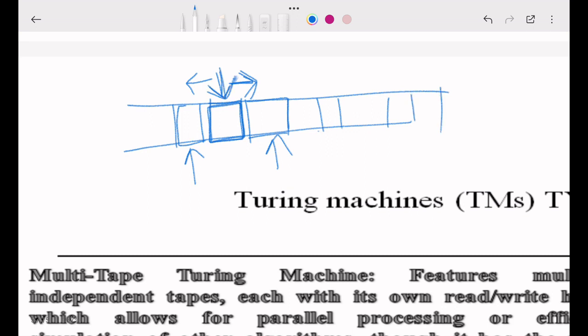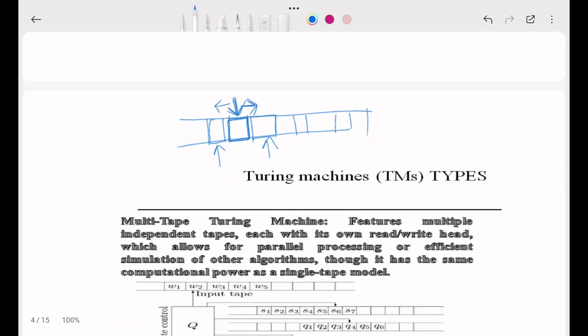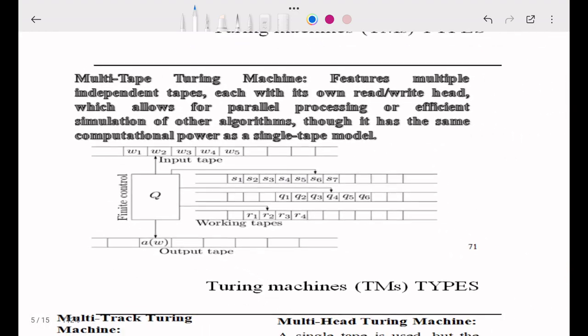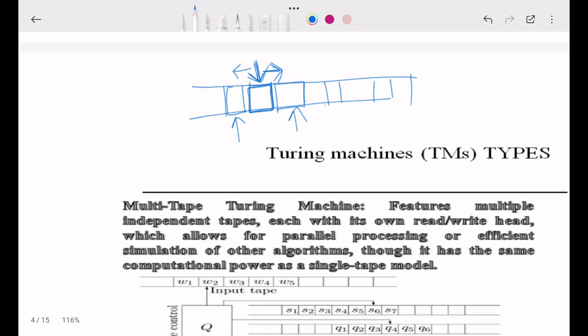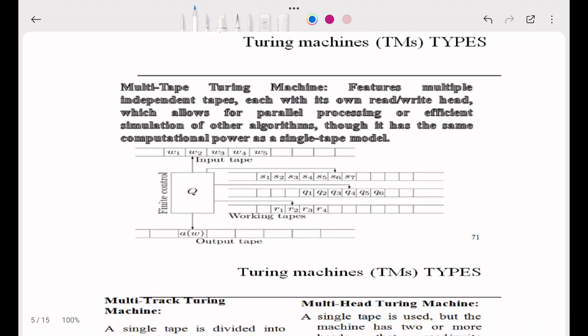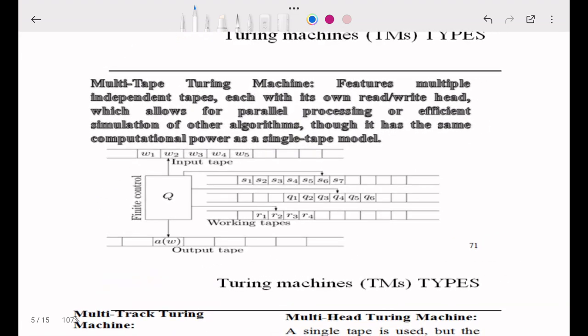There is only one tape in the simple Turing machine, but we can also design a Turing machine with many tapes. What we have written: a multiple tape Turing machine features multiple independent tapes, each with its own read write head, which allows for parallel processing.